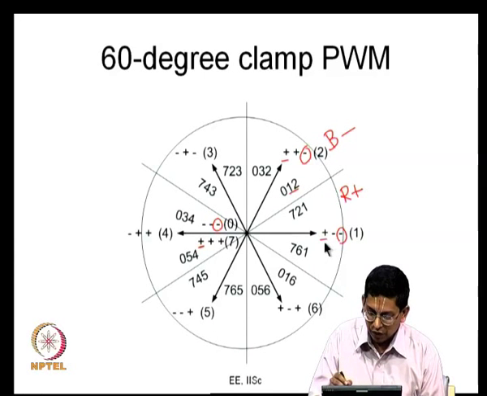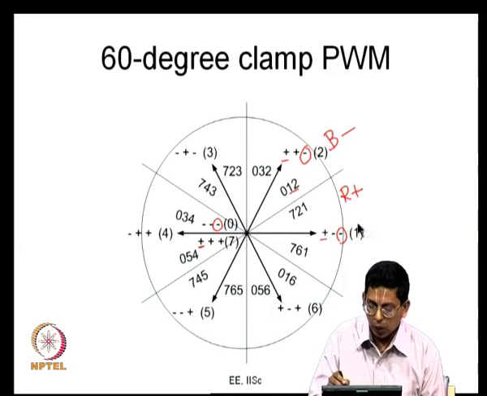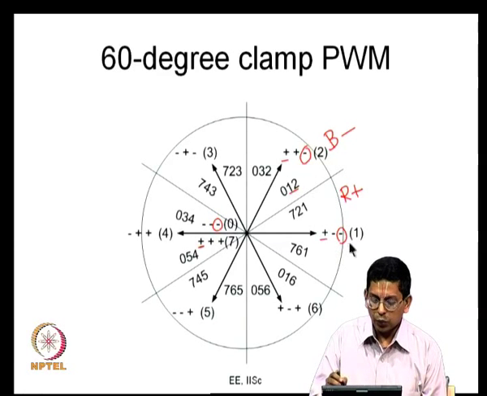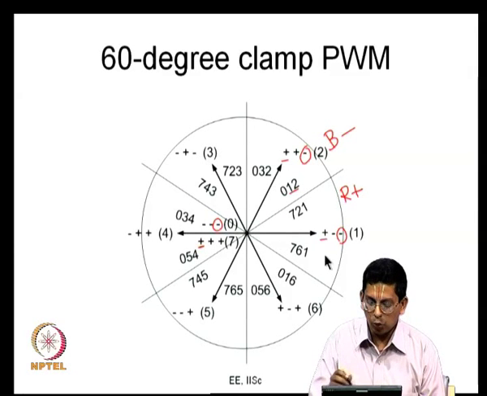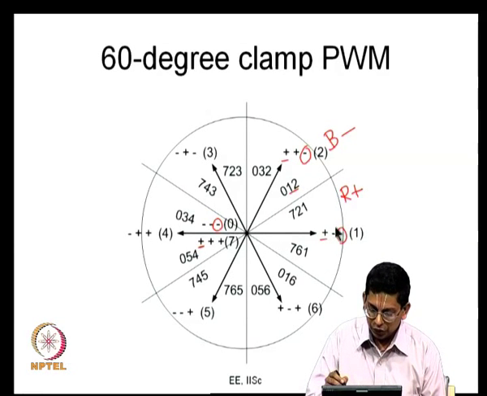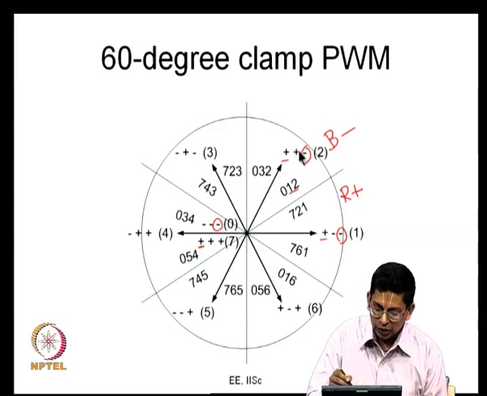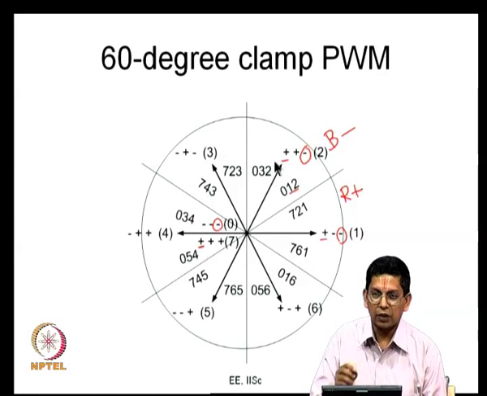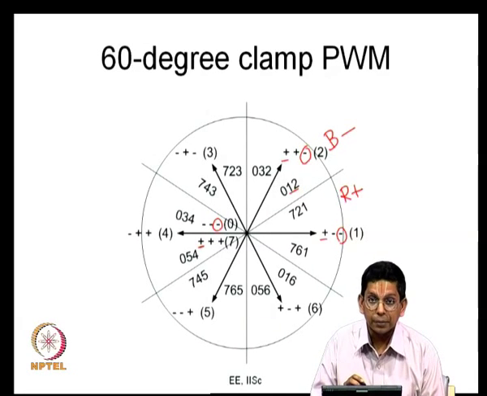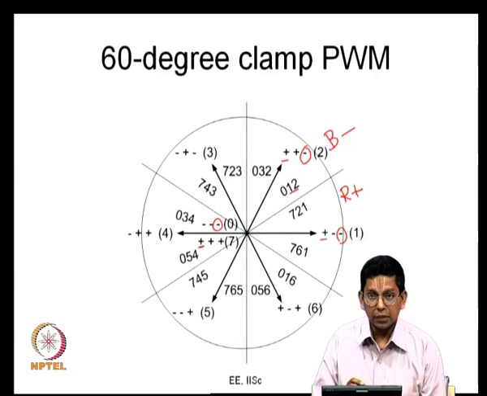Why? Because you have active vector 1 and active vector 2. If you want to make a transition from active vector 1 to 2 or from 2 to 1, you have to switch Y phase, and both these active states have to be applied. You see it is plus minus and you see it is plus minus, and therefore, Y phase always has to switch and it cannot be clamped. What can be clamped?